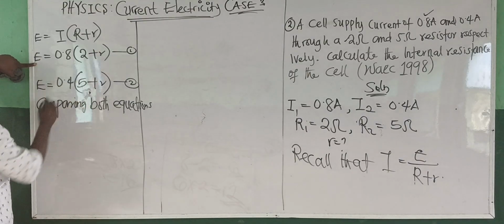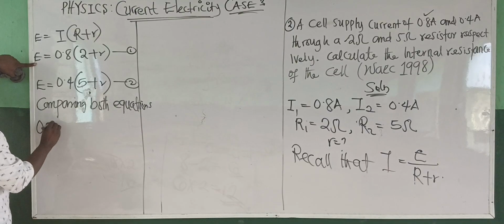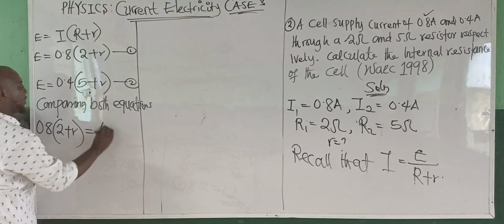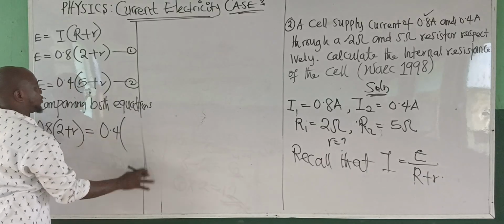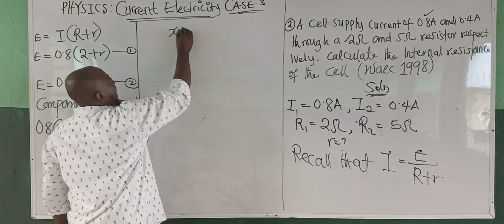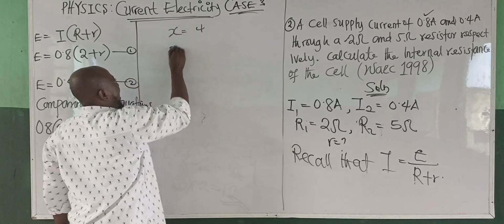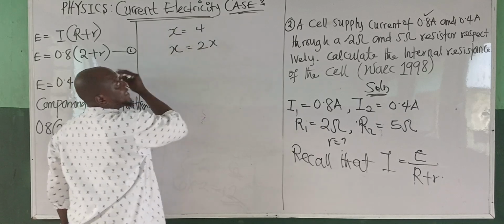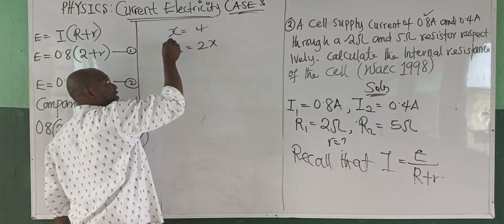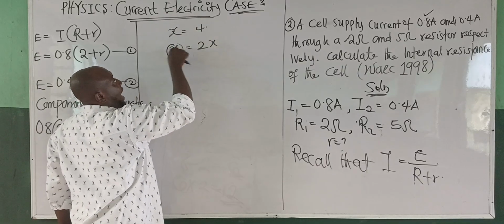I will write the first one first: 0.8 into bracket 2 plus r is equal to 0.4 into bracket 5 plus r. Look at this: if we say X is 4 here and another X is 2X here, since this X is equal to this same X, I can say compare.